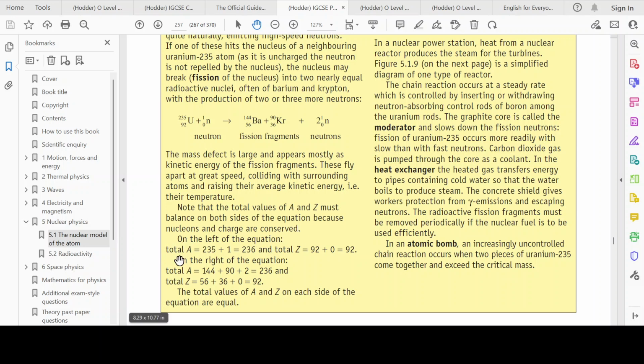So on the left, you've got the total number of nucleons, which is 235 plus 1, which is 236, and the total number of protons is 92. On the right side, the total number of protons is 92, and the total number of nucleons is 144 plus 90, and two neutrons emitted. So you're adding those as well, and that comes to 236 as well. So you're ending up with the same number of protons and the same number of nucleons. The total values of A and Z on each side of the equation are equal. So that's something.